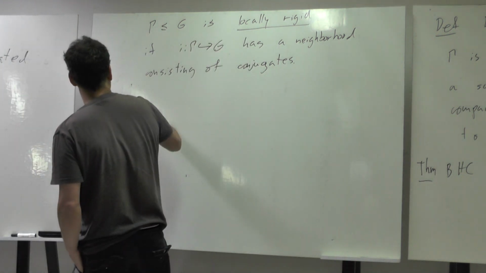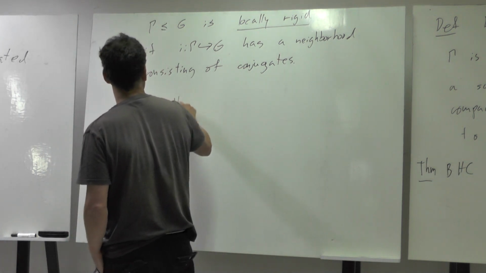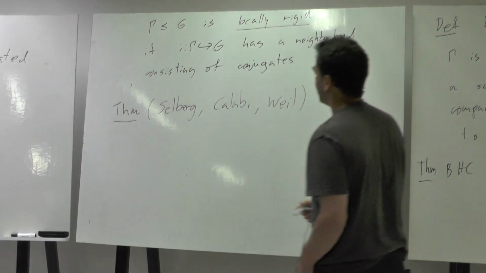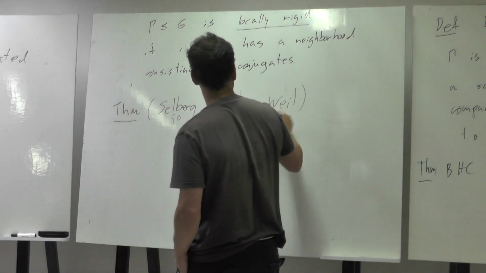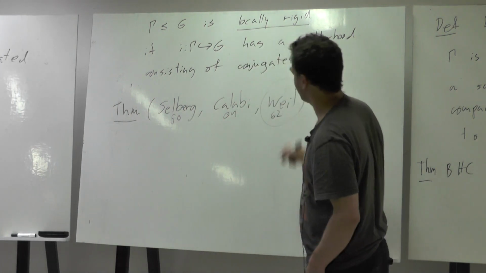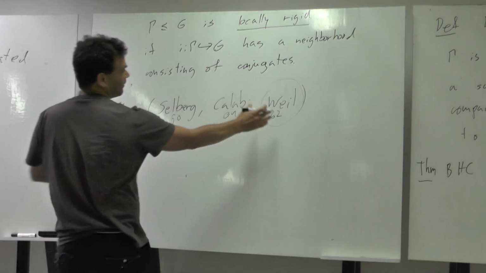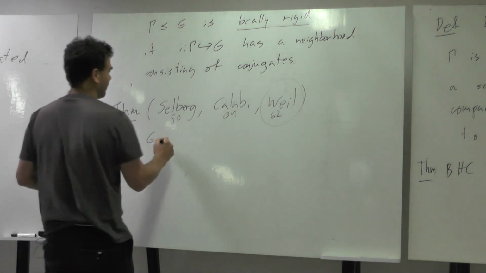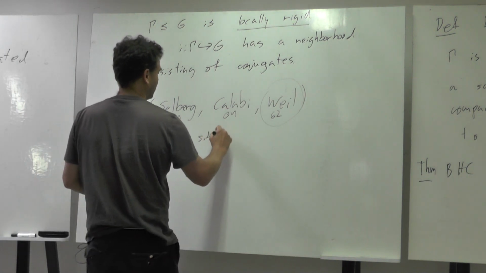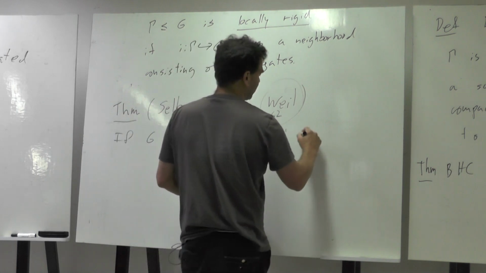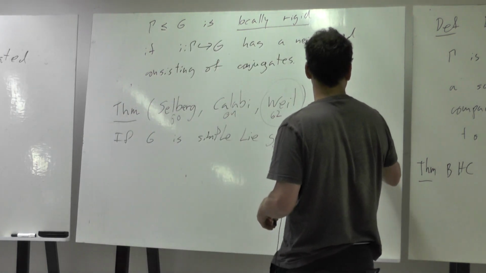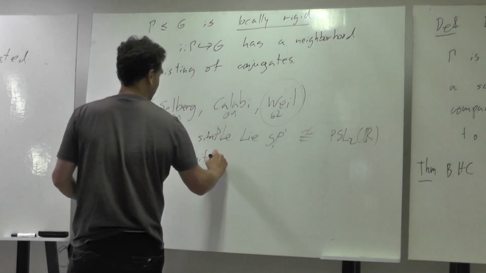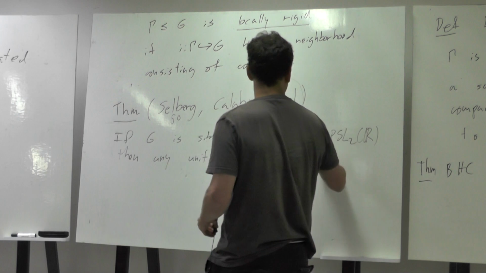But the theorem from the early 60s of Selberg, Calabi, and Weil, it's called the Weil local rigidity theorem, says that if G is a simple Lie group not locally isometric to PSL2R, then any uniform lattice is locally rigid.